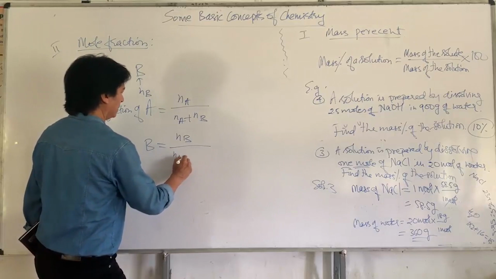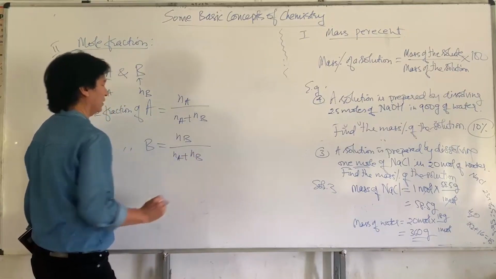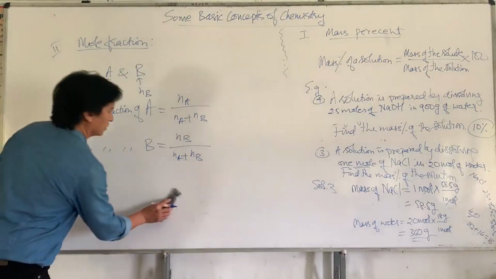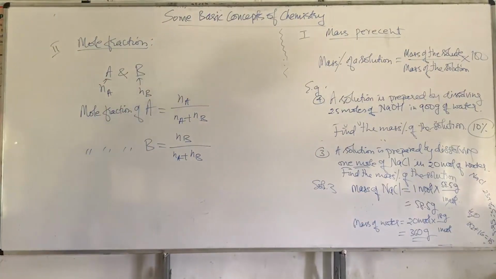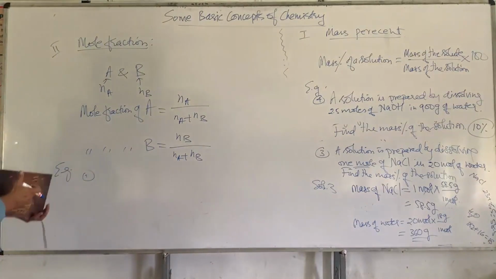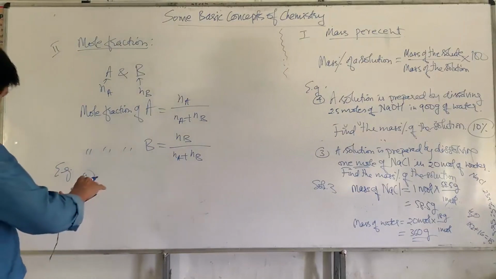So it is Na plus Nb. Now, based on this expression, we shall work out a few problems. So I shall give you some examples. Right now, the very first one, a simple one.